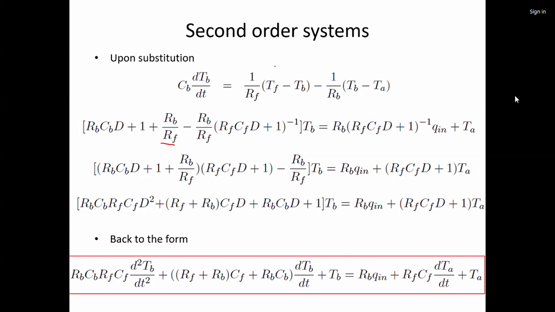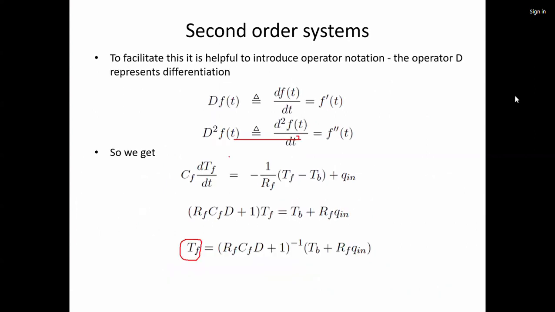So this minus 1 goes to the other side, becomes plus 1. And then you have RB over RF into TF. That is plus, so goes to the other side, becomes minus. And TF is basically this from here.